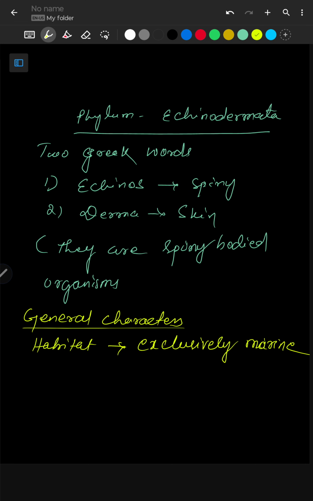Okay, means they are nowhere found except in marine water. And the level of organization, they have organ system level of organization.